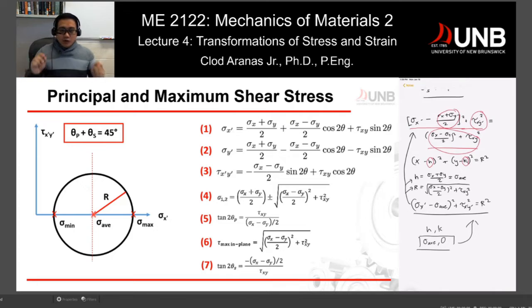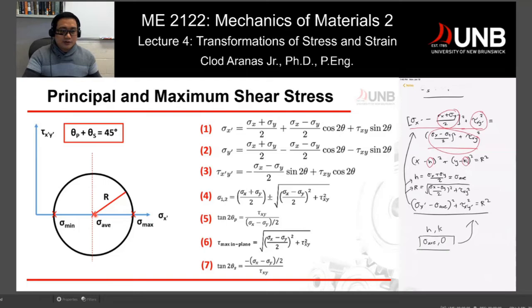We know the normal and shear stresses follow this circle. Looking at this circle, which one would be your maximum and minimum? Take note, when we talk about principal stresses, we are talking about the maximum and minimum normal stress, so the maximum and minimum values of our x-axis. That means our maximum is this point right here, and that would be our minimum point.